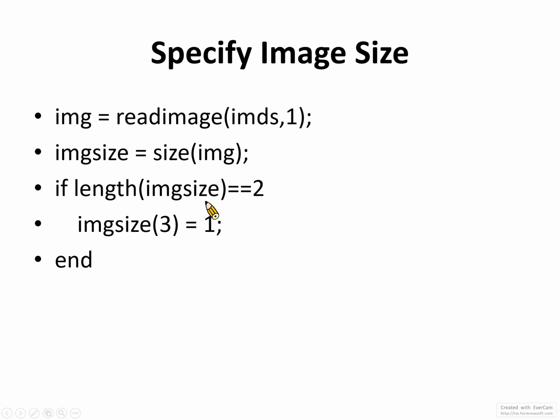But if there are only 2 dimensions in our images, then we just specify the third dimension to be 1. This is just for standardization purposes, to make sure our parameters will be universal for every case.